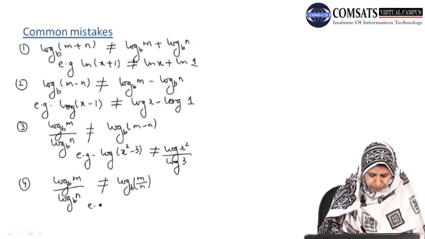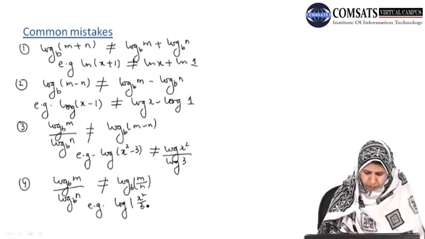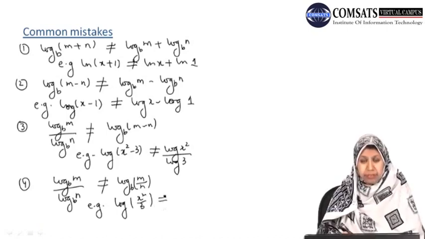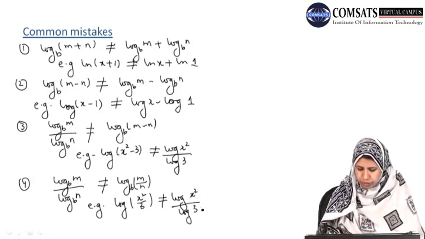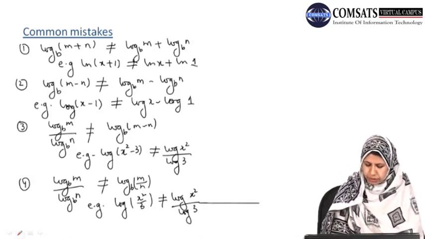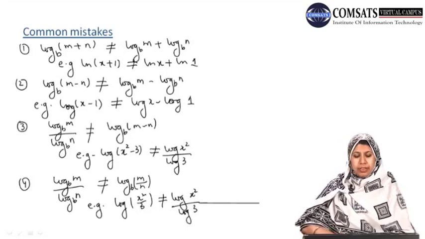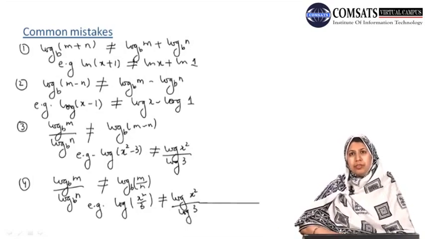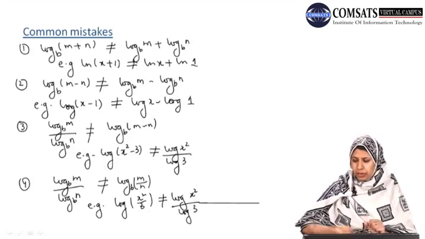For example, log of x square by 3 is never equal to log of x square divided by log of 3. So in solving the logarithmic and exponential equations, we really have to take care that we use the correct property and not the wrong one.